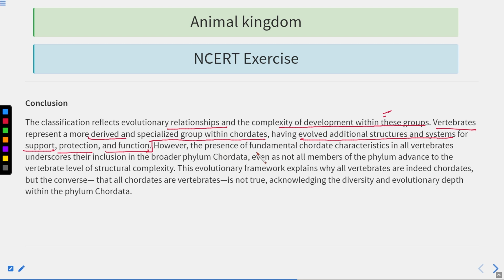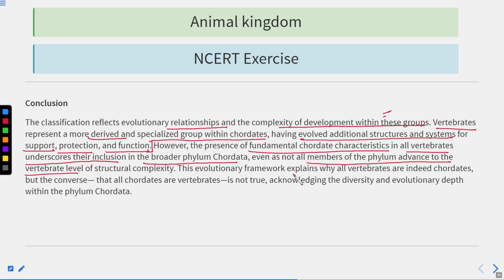However, the presence of a fundamental chordate characteristic in all vertebrates underscores their inclusion in the broader phylum Chordata, even as not all members of the phylum advance to be vertebrates. Not all organisms are as advanced as the vertebrates. So that is why we have such divisions of the group in the chordates.